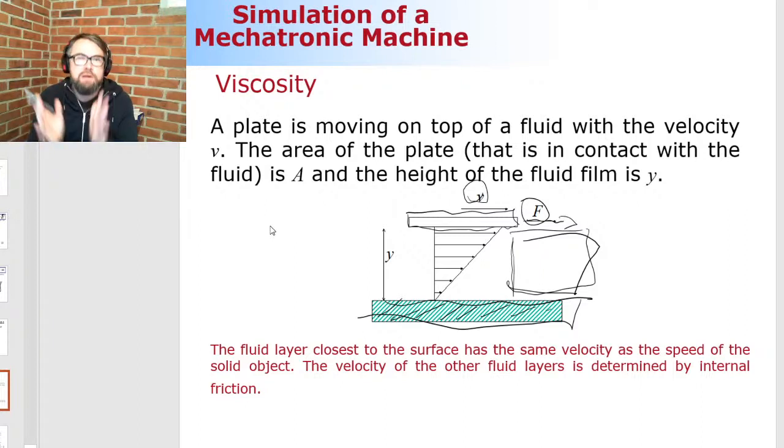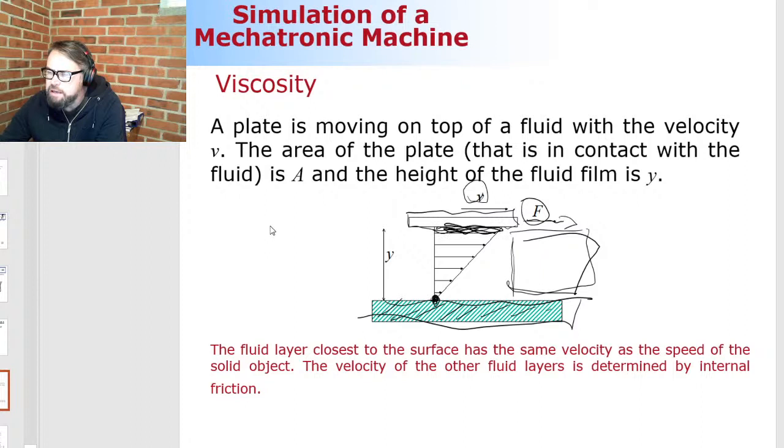This is again particle level. Remember, particle level. At particle level, this system behaves such that the particles that are sitting close to the ground will have zero velocity. So they don't have any velocity whatsoever. Whereas the particles that are very close to this moving plate have exactly the same velocity as the plate.